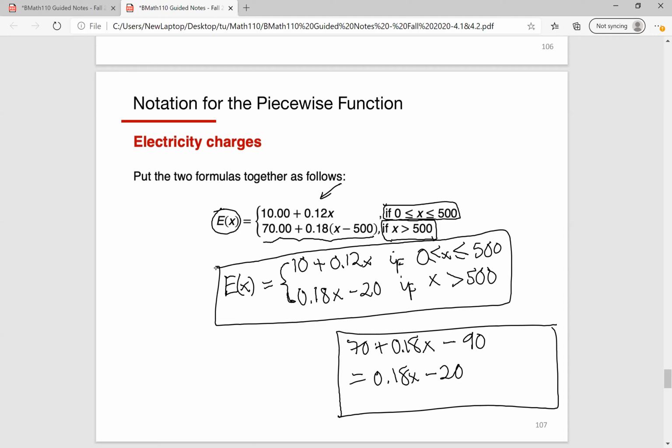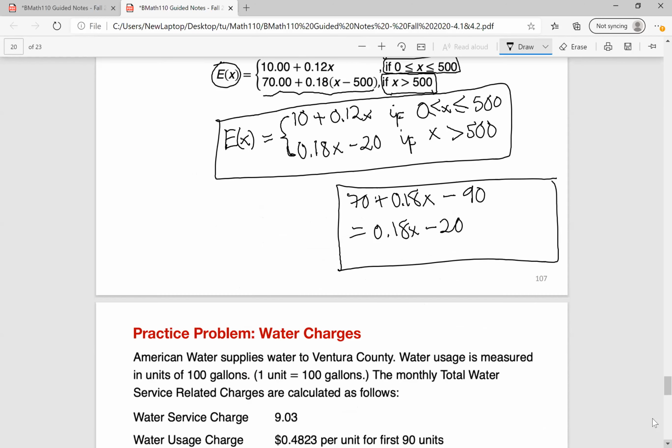And remember that a piecewise function will usually have two or more formulas for the cases of x. So let's move down and see what we have next.